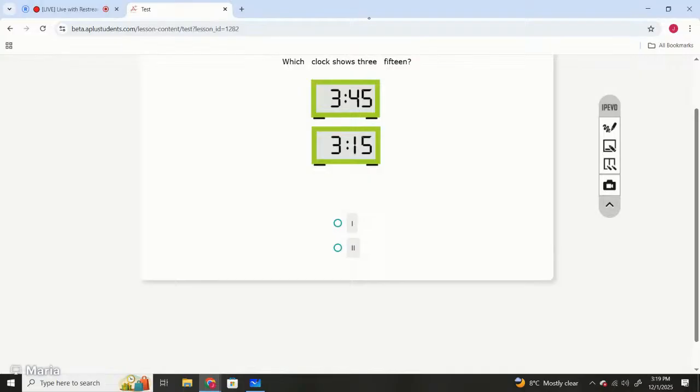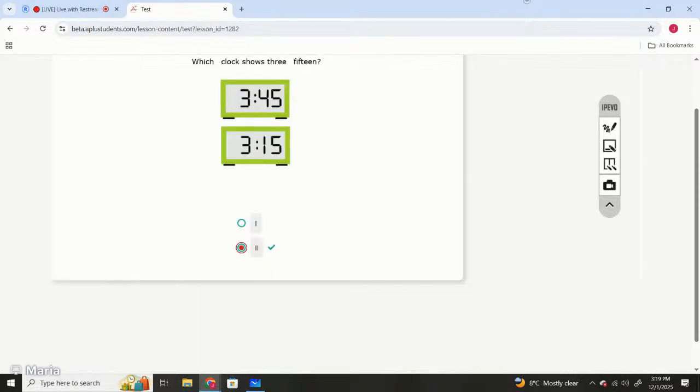The correct option is 3:15. The second one is the correct option. That shows 3 hours and 15 minutes.